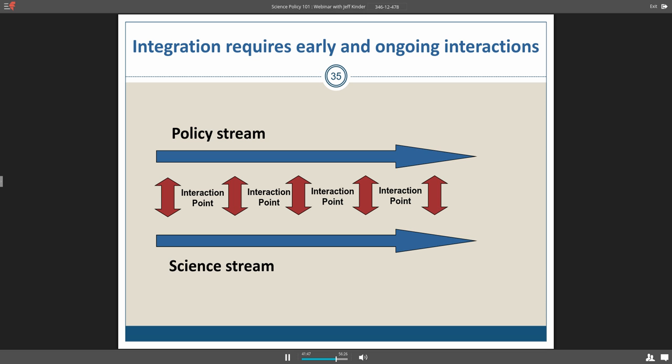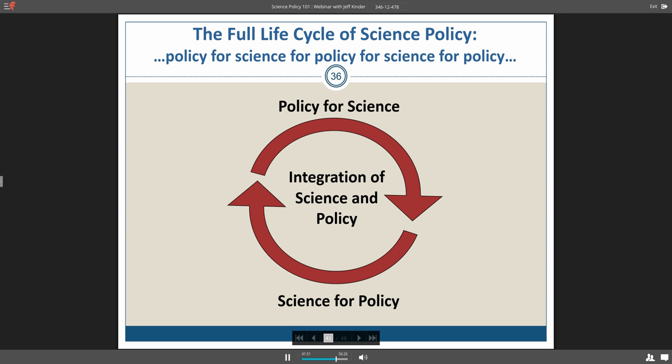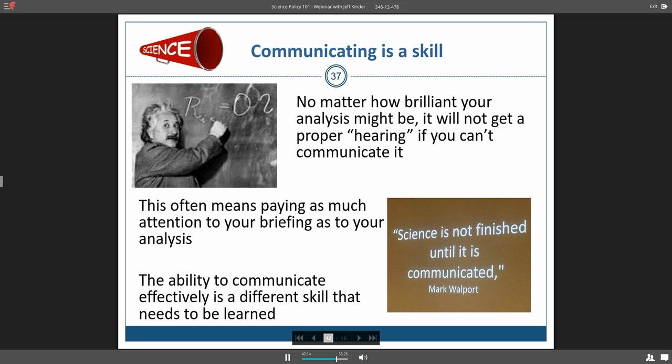Ideally, they're not parallel streams, but more of a virtuous circle where policy for science is helping to identify what research would be helpful in a policy context. That helps drive the research agenda, but in turn, science generates results that may inform the policy agenda. And ideally, that becomes a virtuous circle of policy for science, for policy for science.